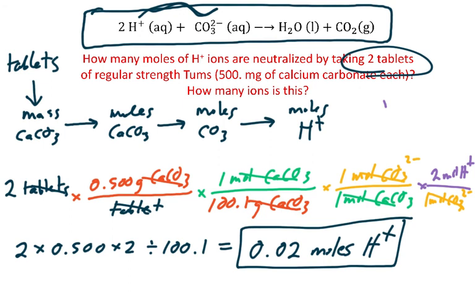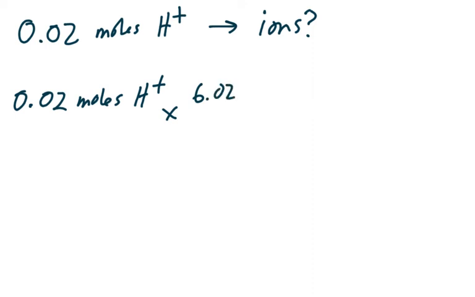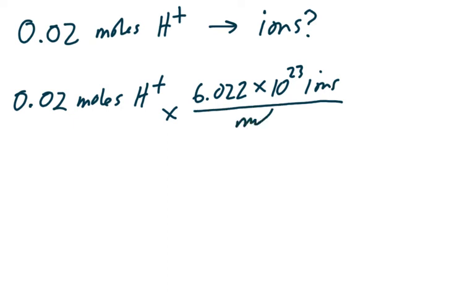One remaining question. How many ions is this actually? Right, and what does that mean? So 0.02 moles of H plus is how many ions? Well, now the definition of a mole is what? That means we have 6.022 times 10 to the 23 ions per mole.